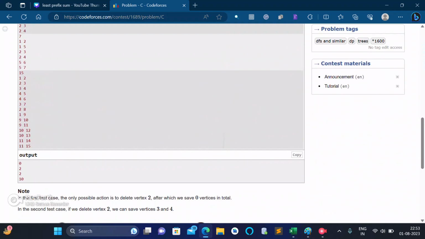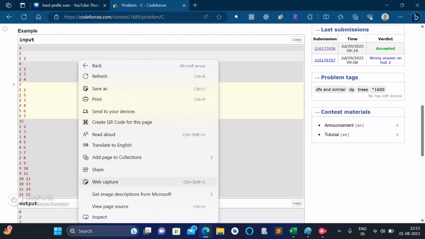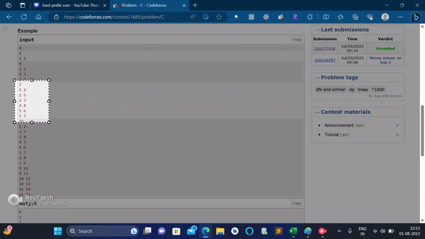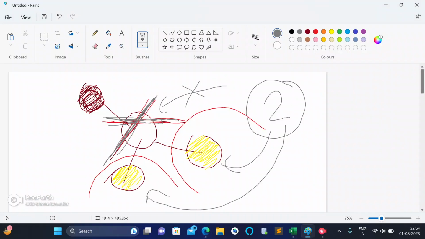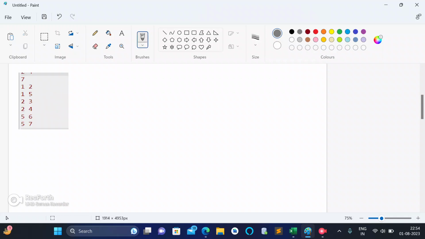Let's deep dive into the question with the help of some examples. Let's consider this example first. There are 7 nodes.